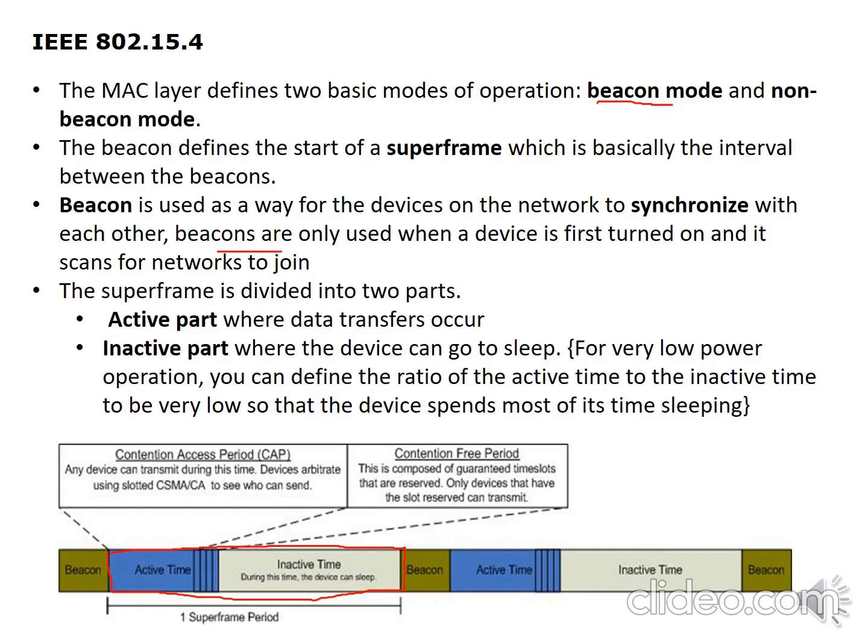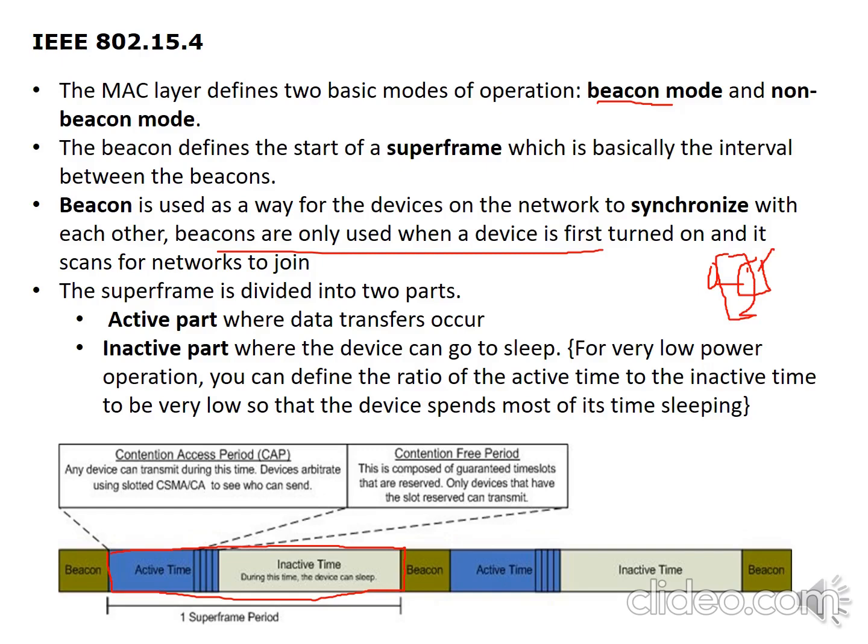Beacons are only used when a device is first turned on. So let's suppose we have an XBee connected with a temperature sensor, and there is an Arduino. In the Arduino there is an XBee.